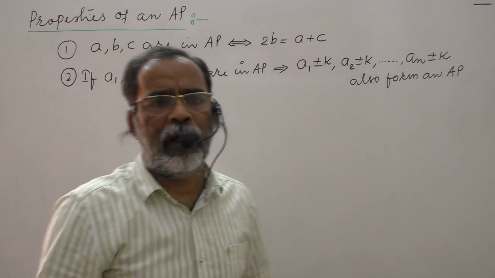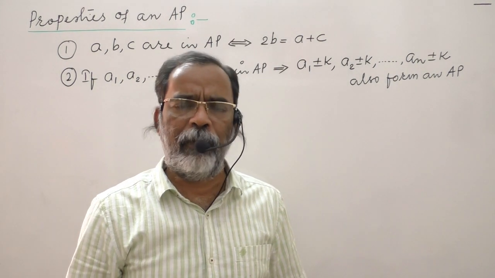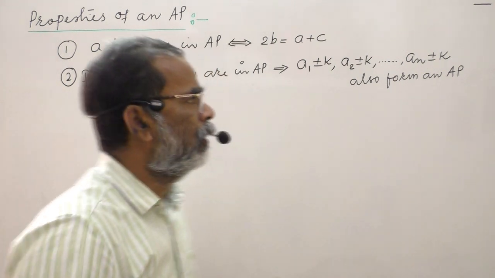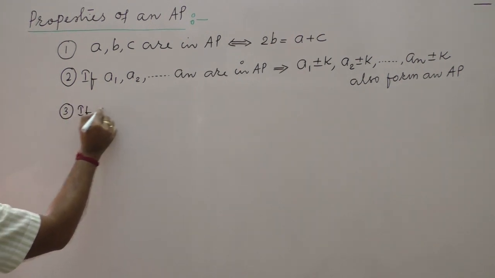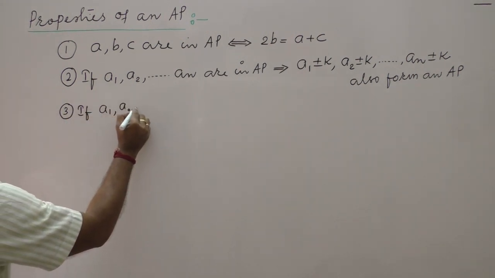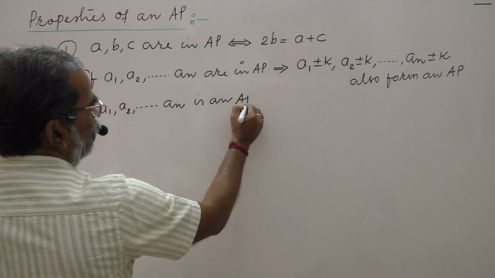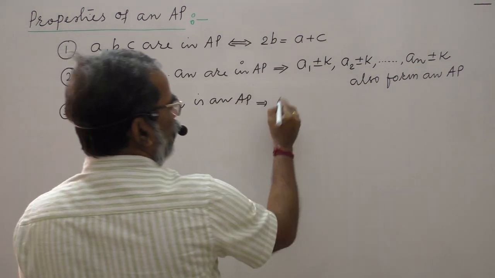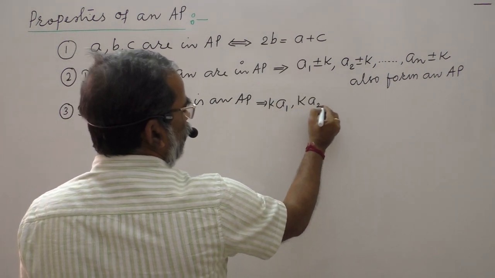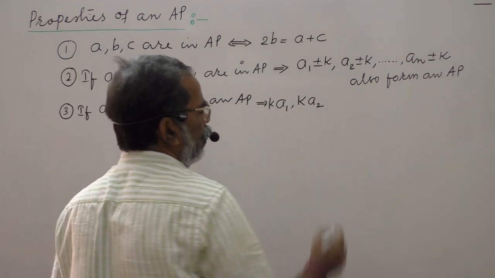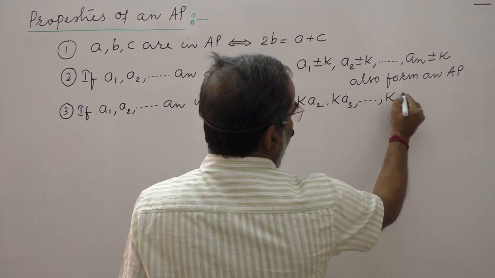That is, if an AP series is given, you can add the same number to all the terms of the AP, and the resulting series will still be in AP only. Next, number 3. Similarly, if A1, A2, A3, ... AN is an AP series, you can multiply all the terms by a non-zero number K: KA1, KA2, KA3, etc., KAN.